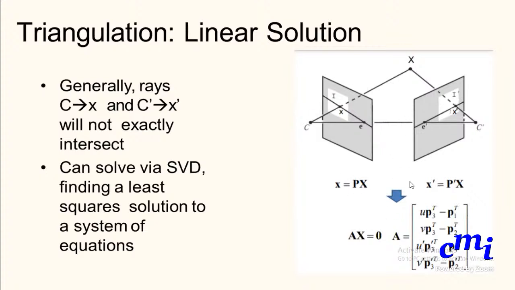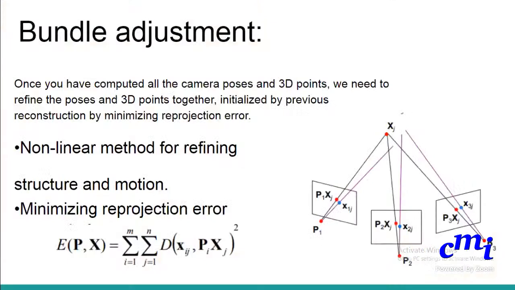As we did in the fundamental matrix calculation and homography, we restructure these equations to AX equals 0, where A corresponds to these matrices, and you solve using SVD and get the X vector out of it. After we get X, using the cheirality condition, we know which camera position is right. So this is one of the solutions for this.